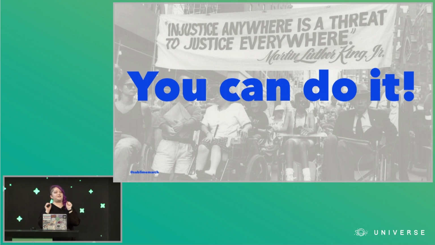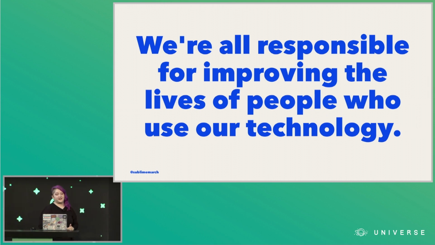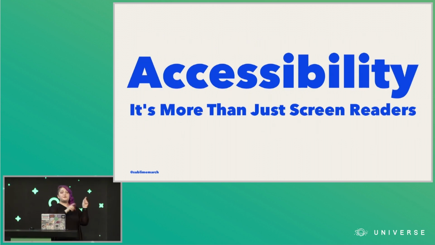You can do this. It is important to your users. It is important because you owe this to them. As I said before, we are all responsible for improving the lives of people who use our technology, and accessibility is one of the ways we can achieve that. And I hope that by sitting through this talk, you understand that accessibility is more than just screen readers. Thank you.